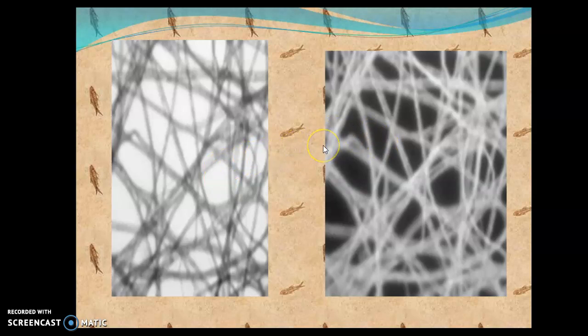In bright field microscopy the background is brighter, whereas the object, the threads of tissue paper, appears darker. In dark field, the field is darker and the threads of the tissue paper are lightly illuminated. That is the major difference between them.